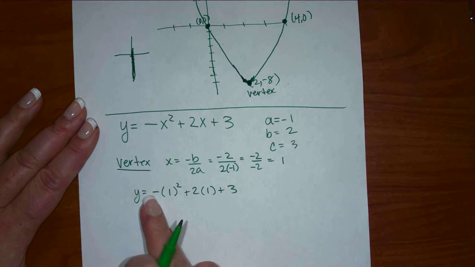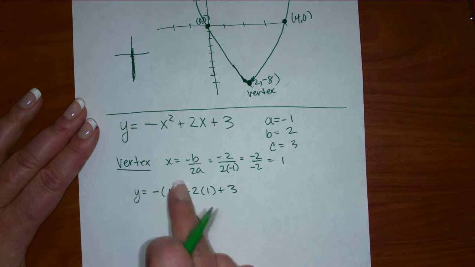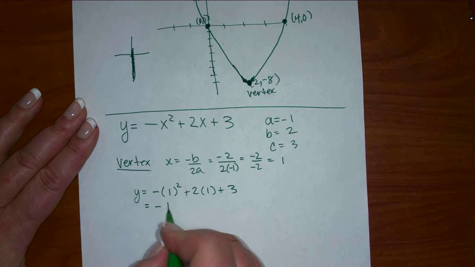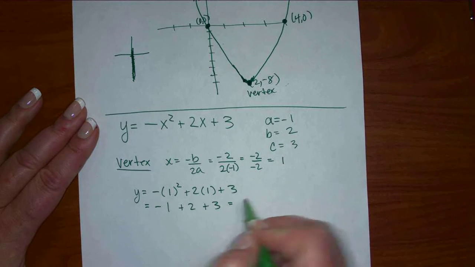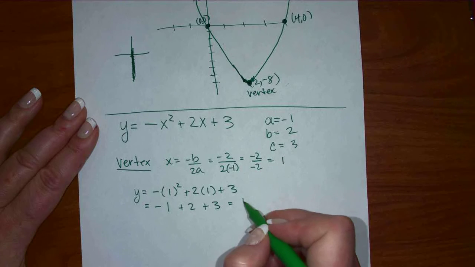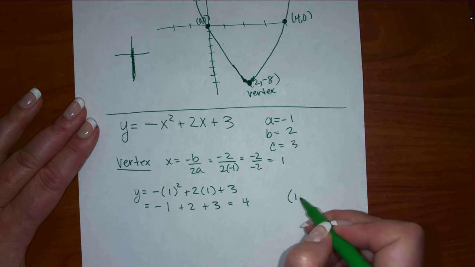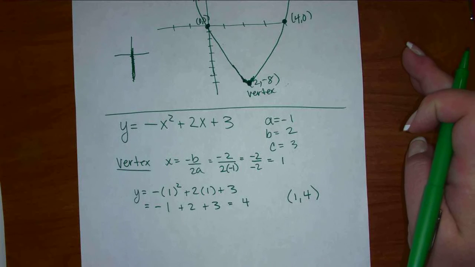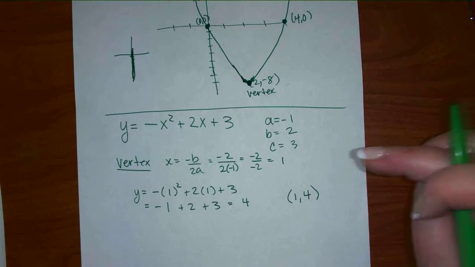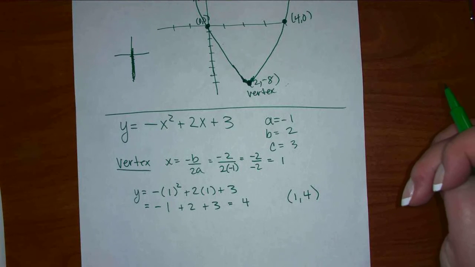This is 1 squared with a negative in front. So the point is 1, 4, is our vertex.